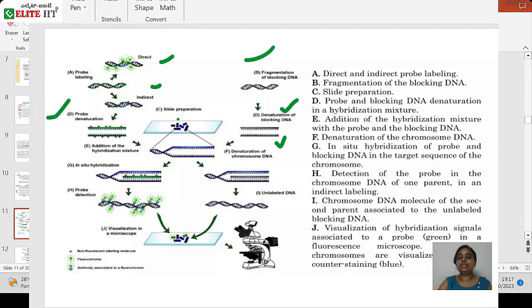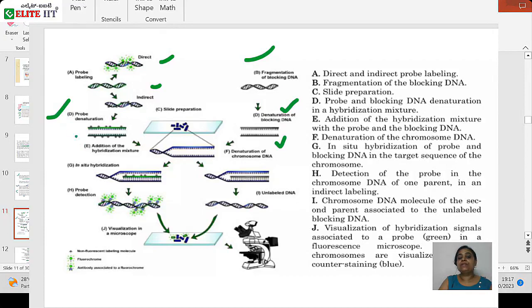That means if you want to identify the genome of the plant cell, you add a few leaf parts or any other part of the plant, or tissue or cells from an animal, on the slide. So on the slide you have the genome which you want to identify or localize.